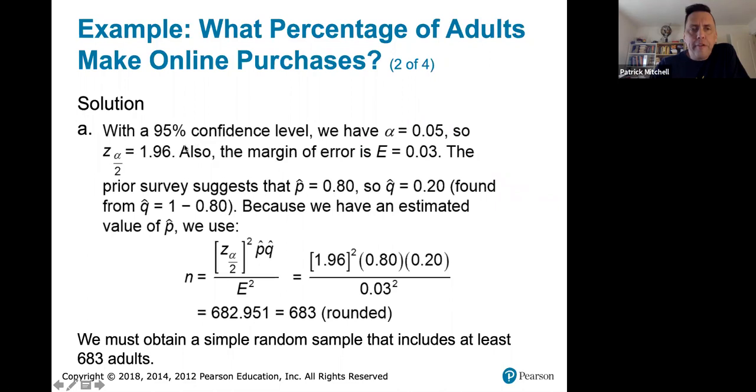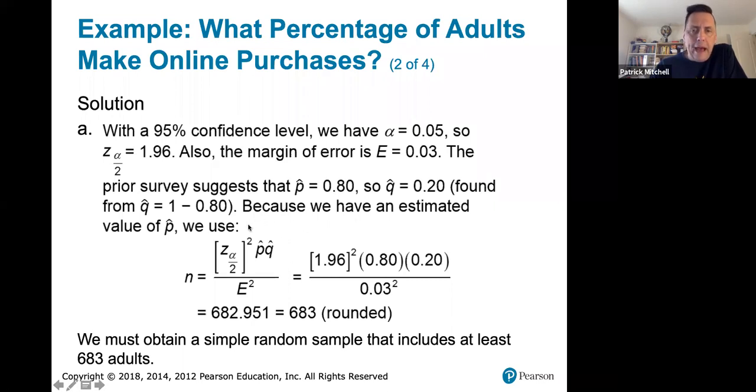Okay, so first, letter A, with a 95% confidence level, our critical value is 1.96, as we figured out before. The margin of error is given to be 0.03. The prior survey suggests that P equals 0.8, which means Q hat is 0.2.